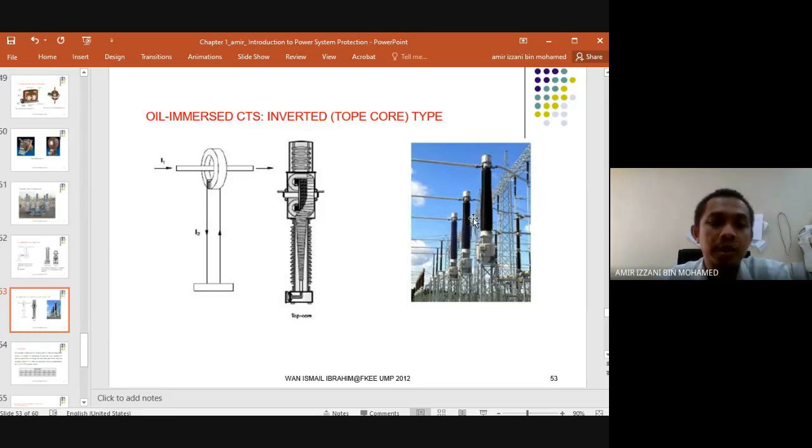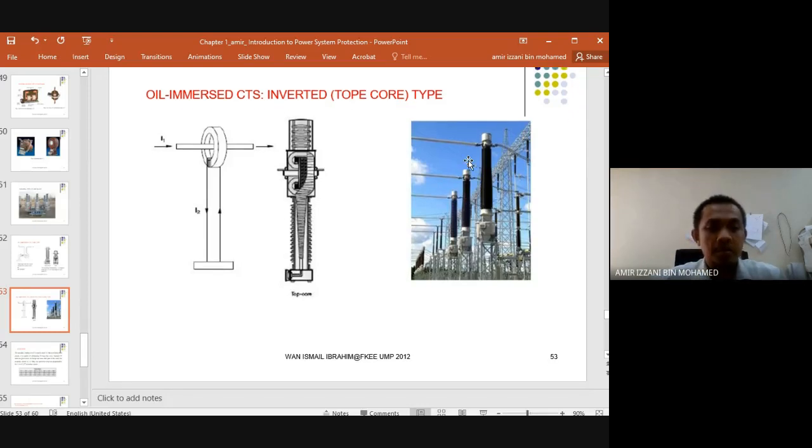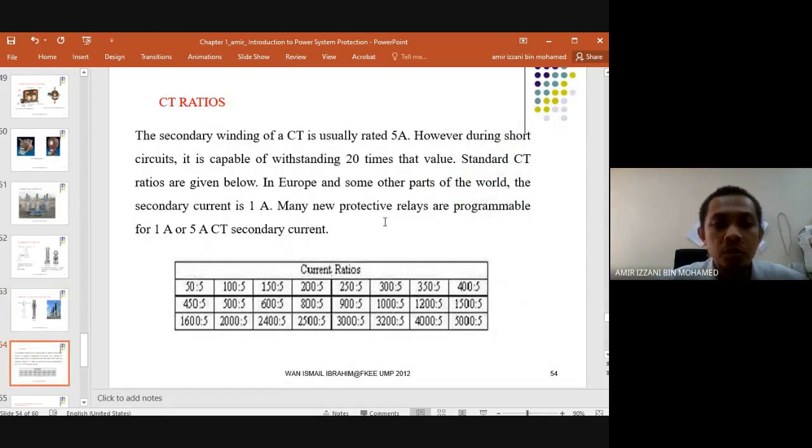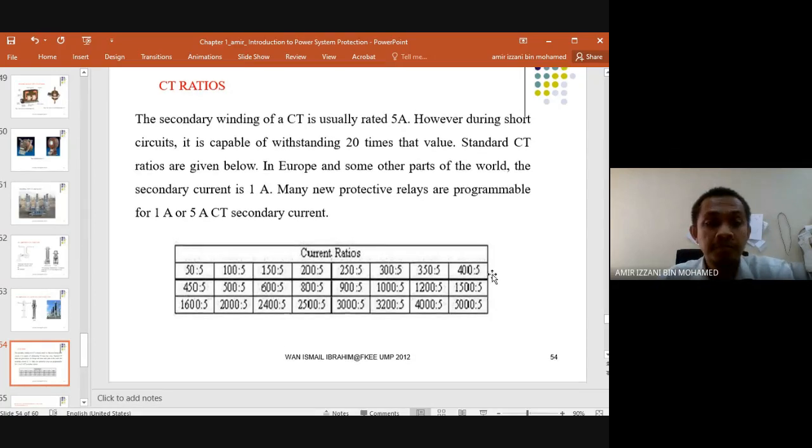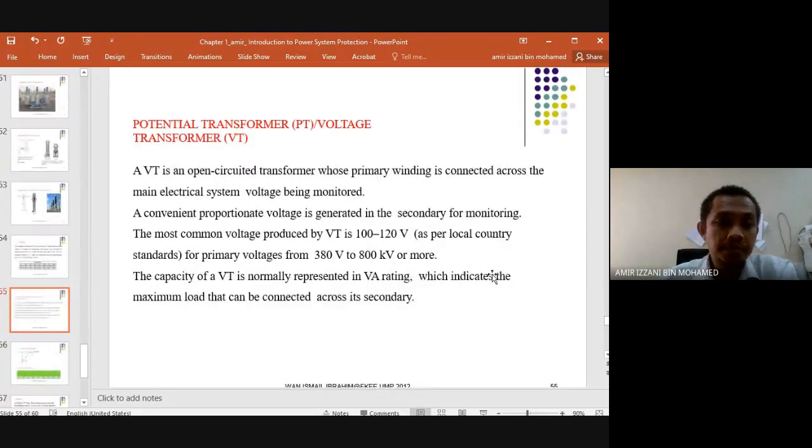So you may recognize it is a current transformer, and the ratio can go up to 1 or 5 ampere on the secondary. So the highest current is 5,000, so we can step it down to 5 amps.